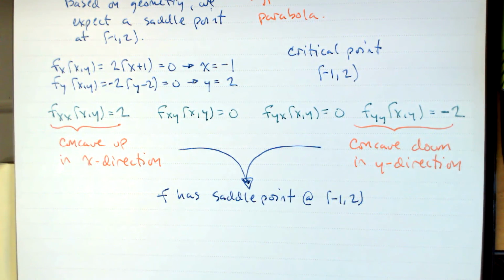Now, we're going to have to come up with a better way of using the second derivatives to classify our critical points, because we kind of got away with something here. Our mixed partial second derivatives were both 0. So we conveniently ignored that and just focused on the one that feeds into what we believe.